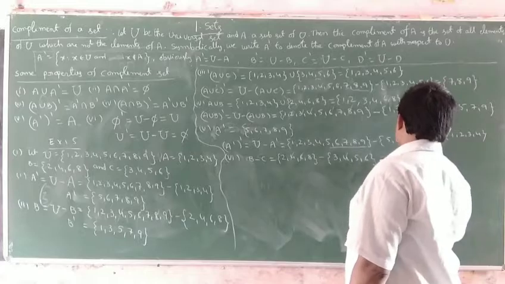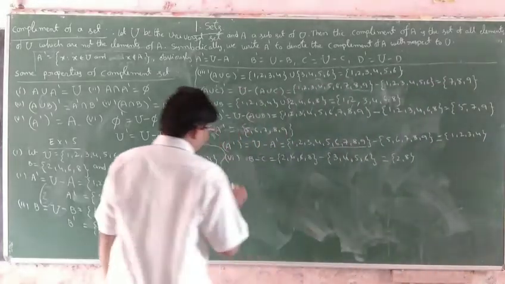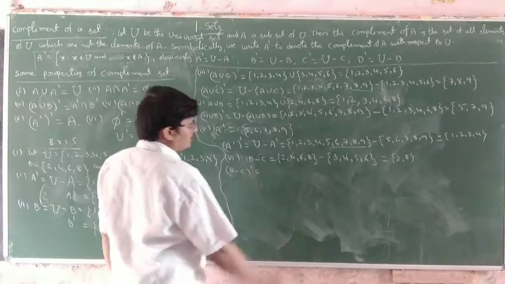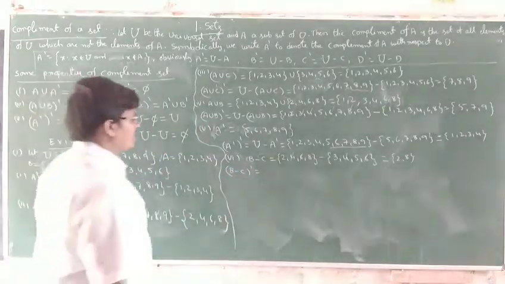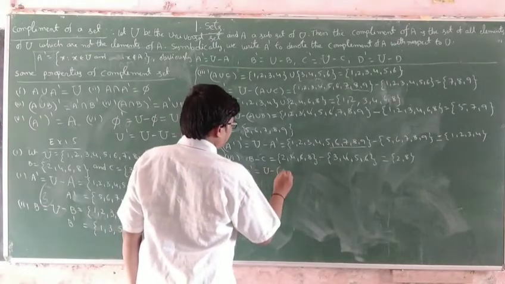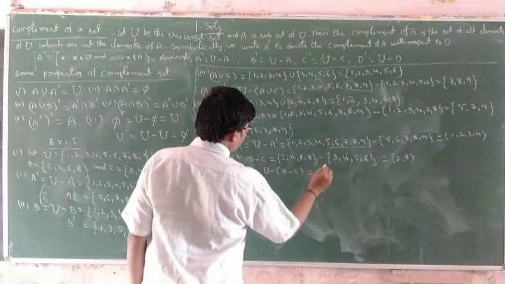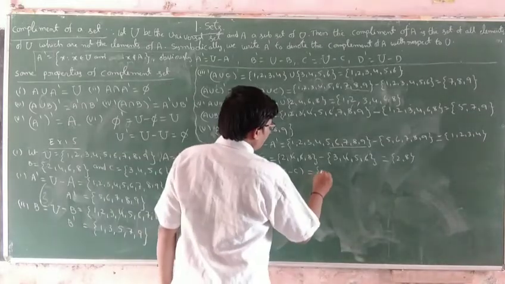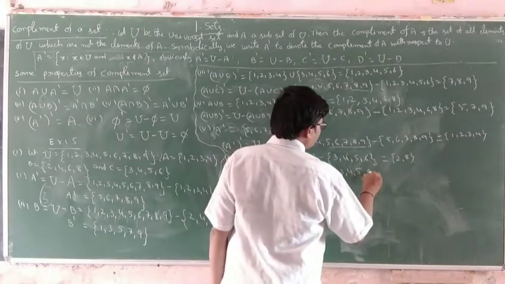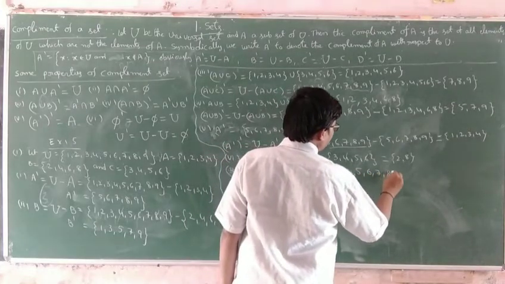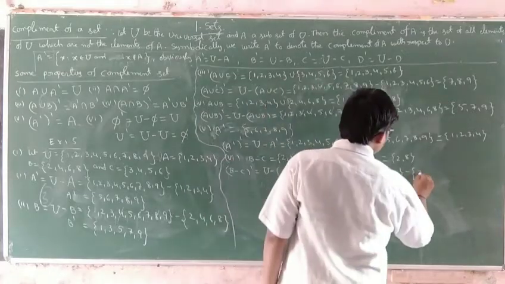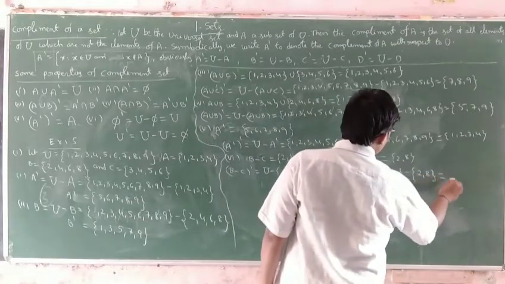So (B minus C) whole complement is equal to universal minus (B minus C). Universal means {1, 2, 3, 4, 5, 6, 7, 8, 9} minus {2, 8}.